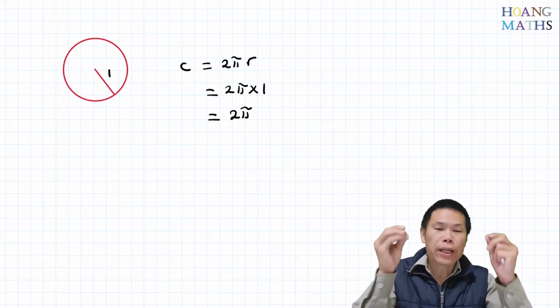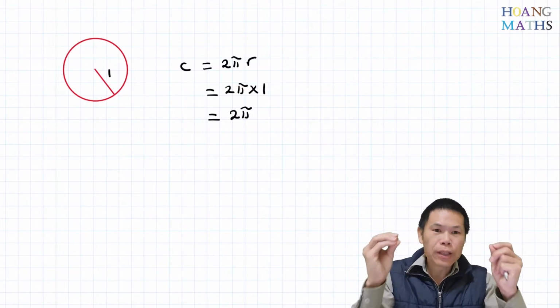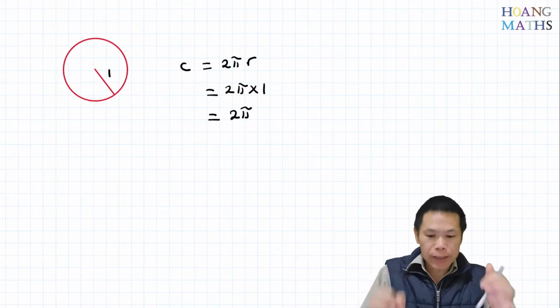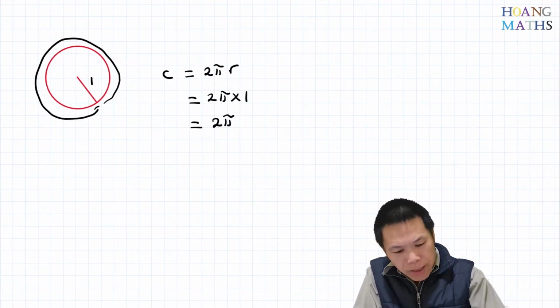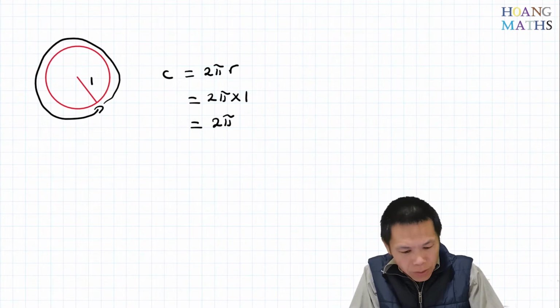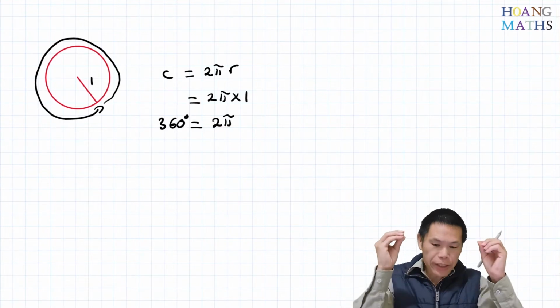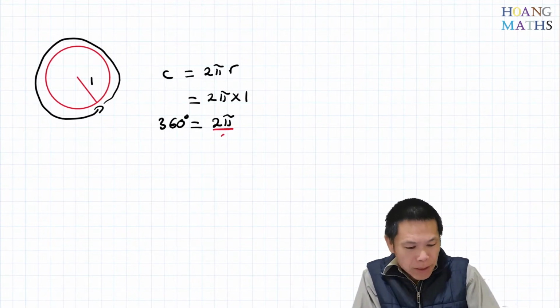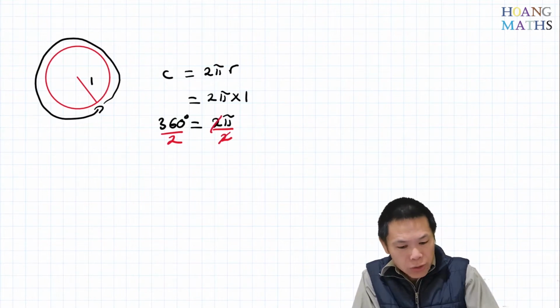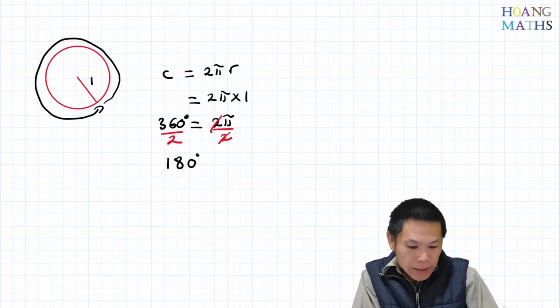And we know that in one revolution, there are 360 degrees. In other words, from here to here, the whole revolution, is 360 degrees. So if I divide both sides by 2, the 2 cancels out. 360 divided by 2 is 180 degrees, and that will give me pi.